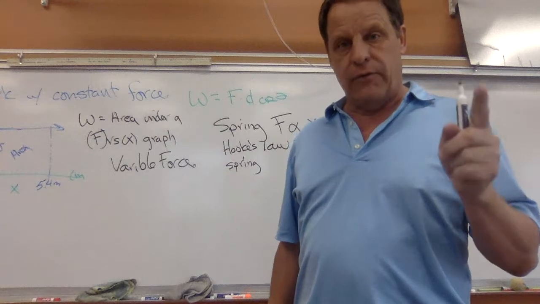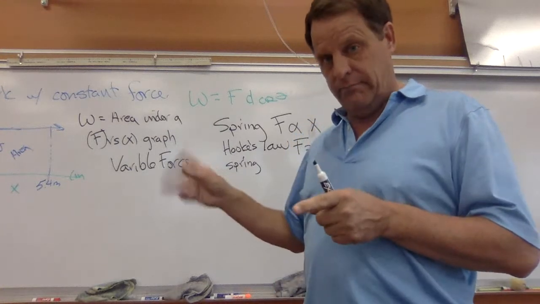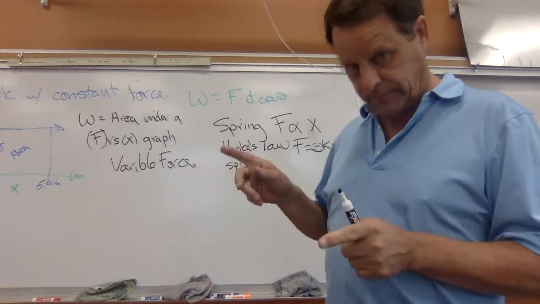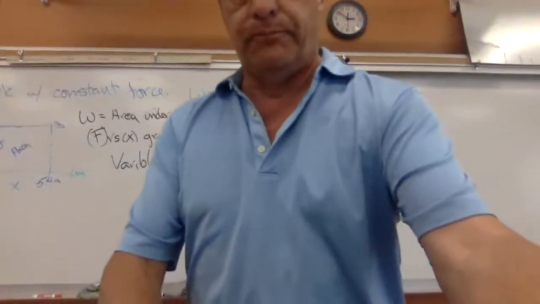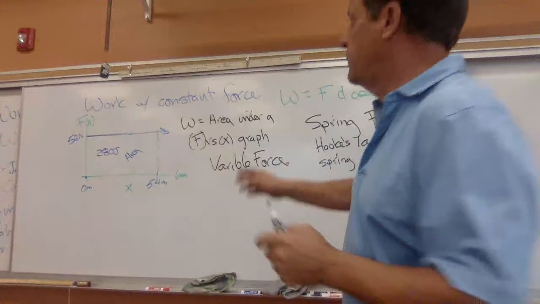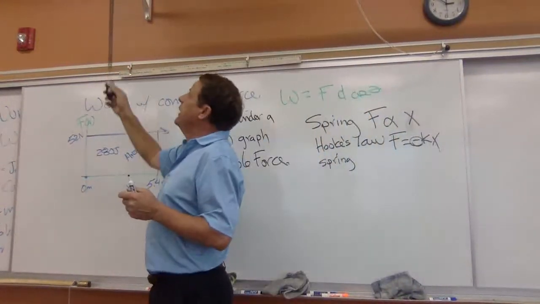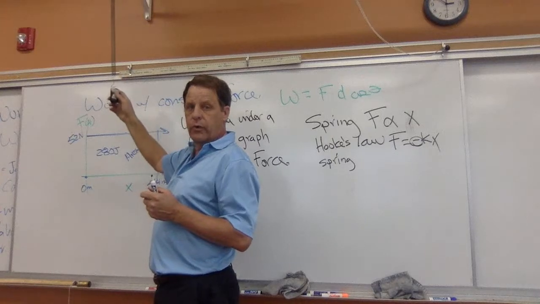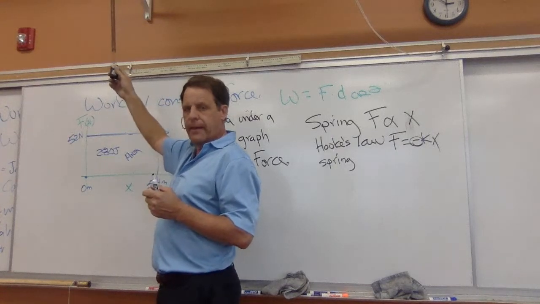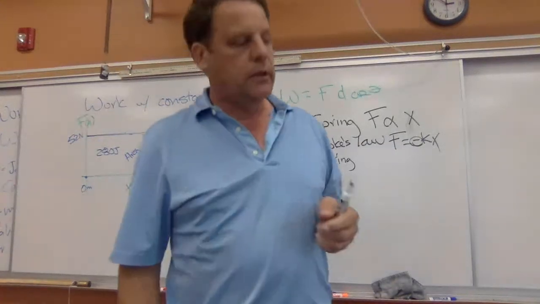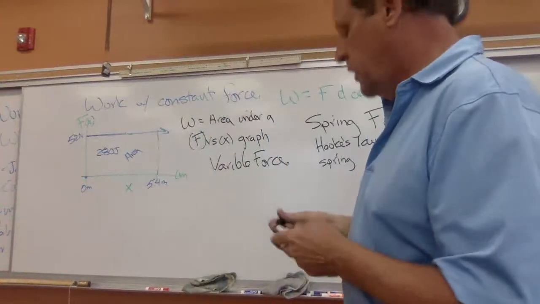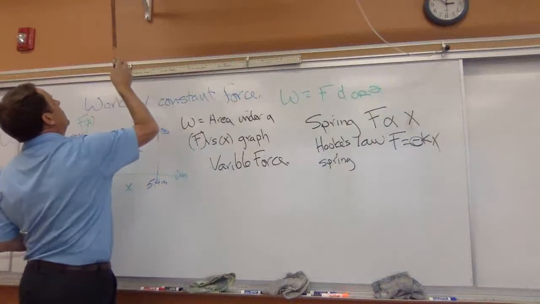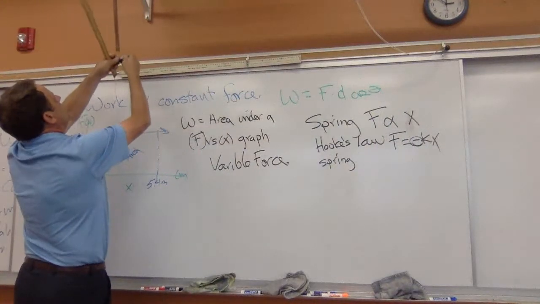So it's either negative force is equal to k times x, or positive force is equal to k times negative x. And if we look at the spring and we pull it down, then there's more force, more distance.